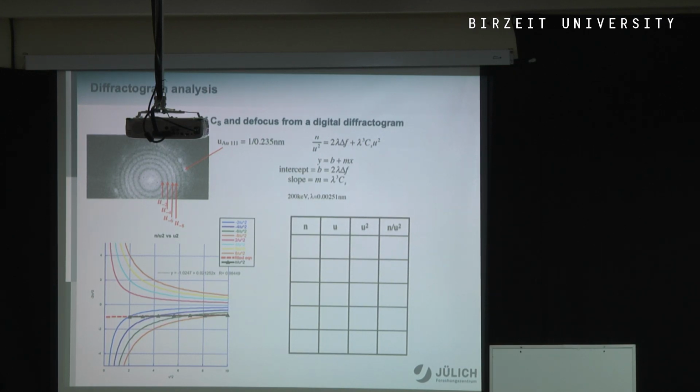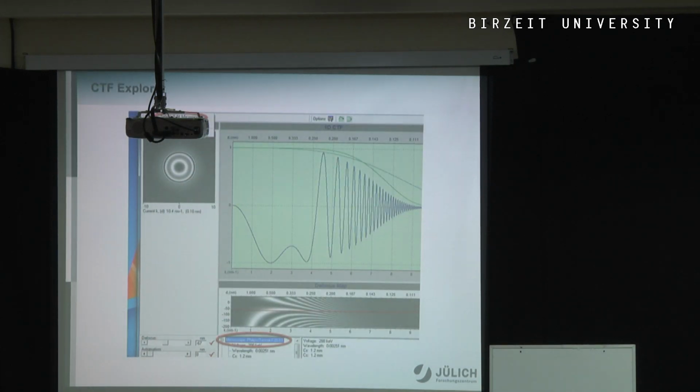If you want to try to understand aberration functions and the sign of the aberration function in practice, there is some software which is available free online. It's called CTF Explorer.